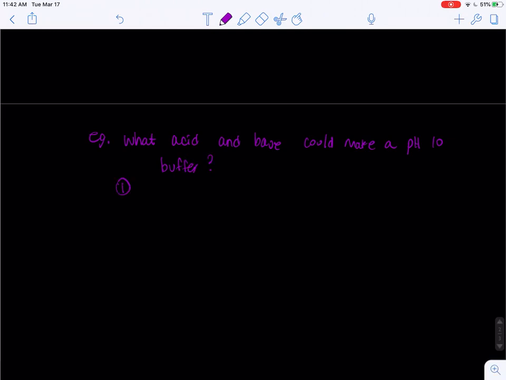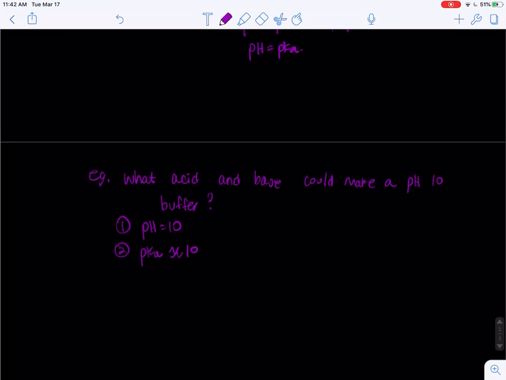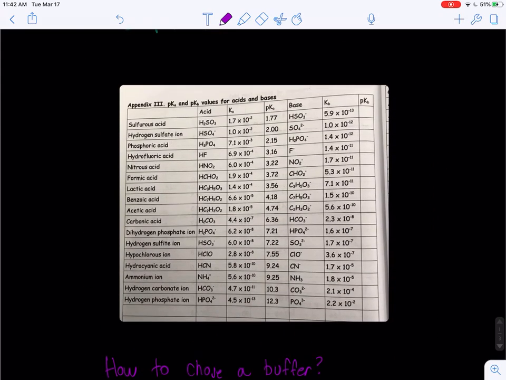So we recognize that the pH is 10, and we want to find something where the pKa is as close as possible to 10. So we come back up to our appendix, and we're looking at this column right here, and I see pH 10 is right here, 10.3 technically speaking, right? Very close. So these are the chemicals I'm going to pick out, okay?